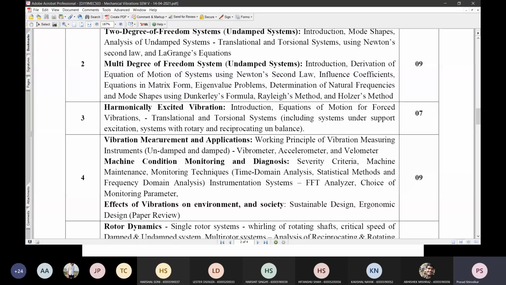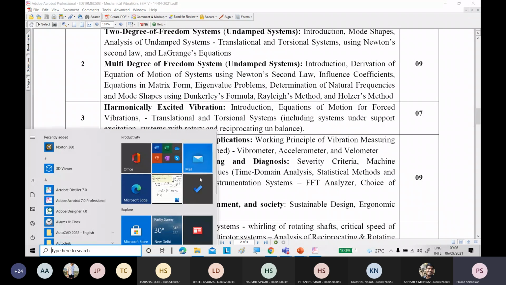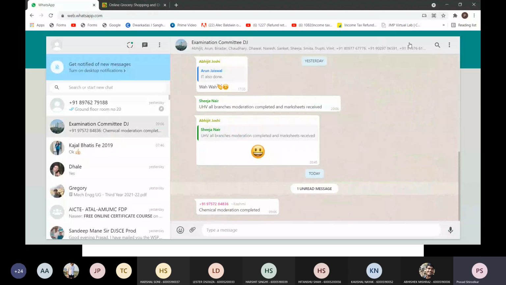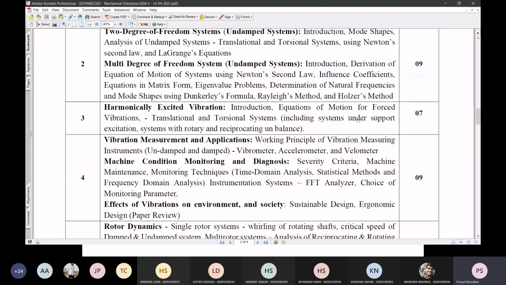Of course, we will be doing all these things in both the practical and theory sessions. And also here we have included the effects of vibration on environment and society. I don't know if you have observed the effect of vibration on human beings. One common example I would like to give is, suppose you have a house chimney used for exhaust purposes, and you keep it on, and it has a lot of vibrations.